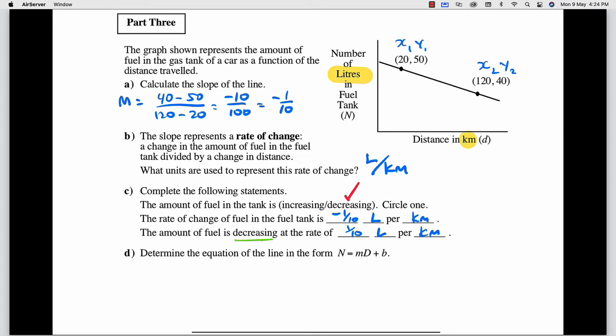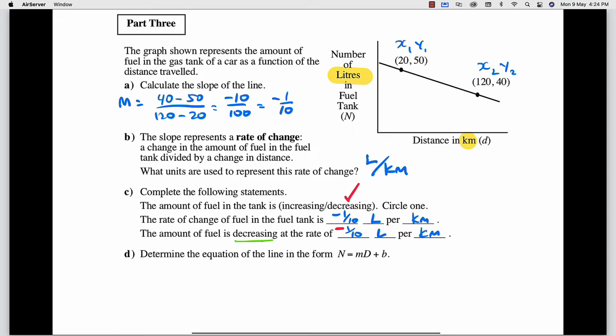And the word decreasing allows me to eliminate that negative, because the word decreasing means going down. If I just said it was changing 1 over 10, I don't know if that's increasing or decreasing. So because the word decreasing is there, I don't need to put the negative with the ratio that's right there.